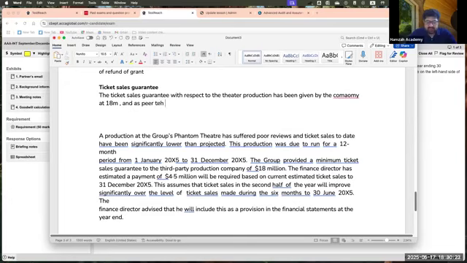And as per the estimation of the company, the Hart company has to pay 4.5 million.